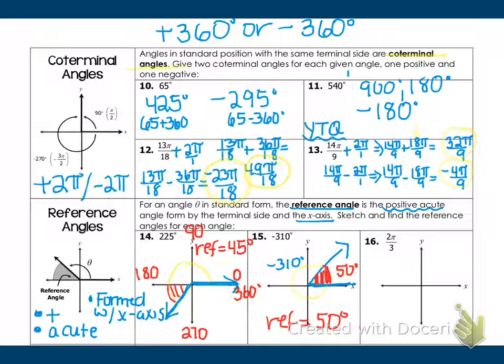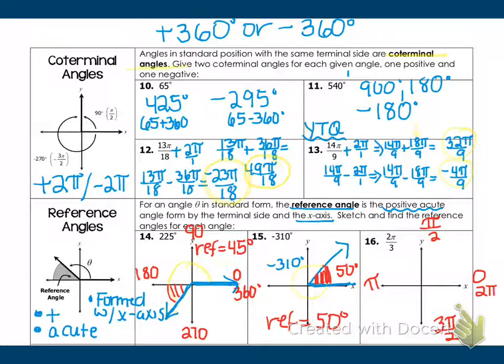Now finally, we want to find the reference angle for 2 pi over 3. Here again, I could just work in degrees. I'm at 0 here, and going up to 90 degrees, I'm only halfway to pi, because pi is over here at 180 degrees, so this would be 1/2 pi, or pi over 2, and then down here would be 3/2 pi, or 3 pi over 2, and then back around all the way would be 2 pi.